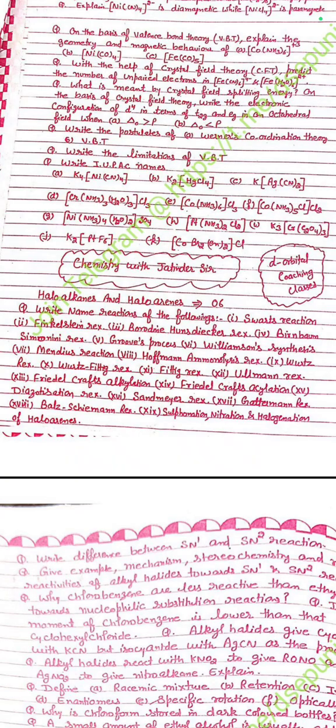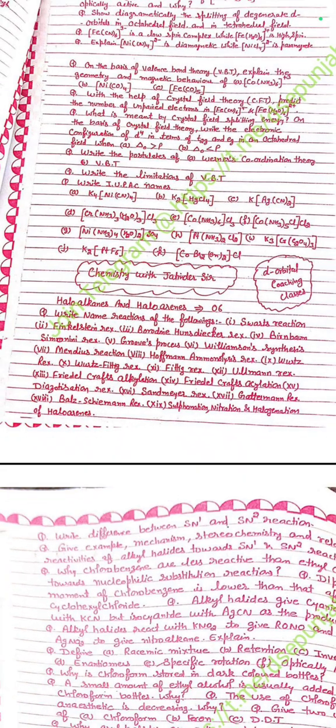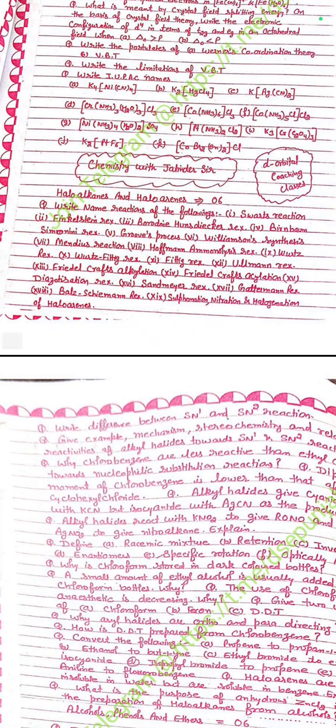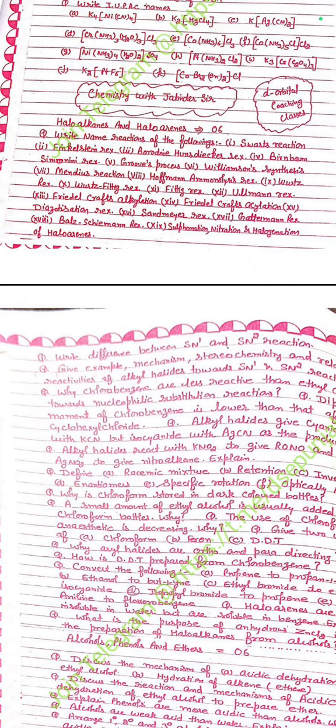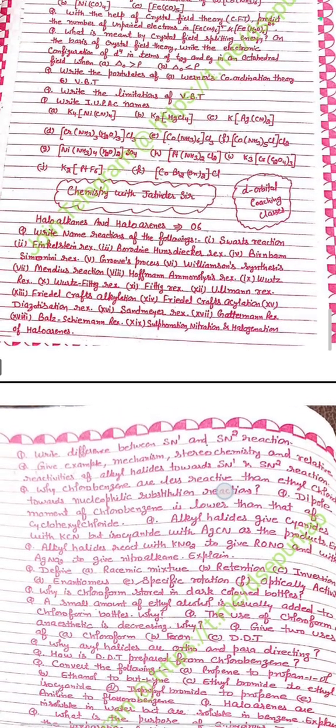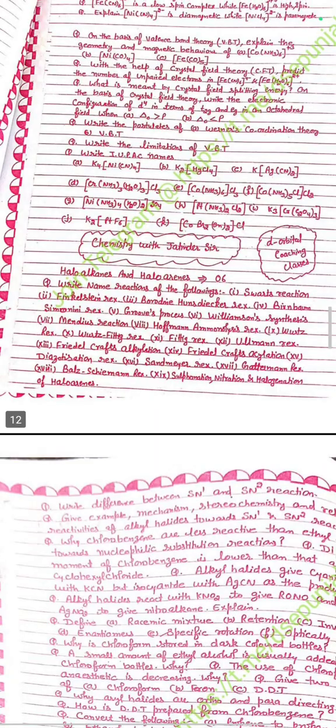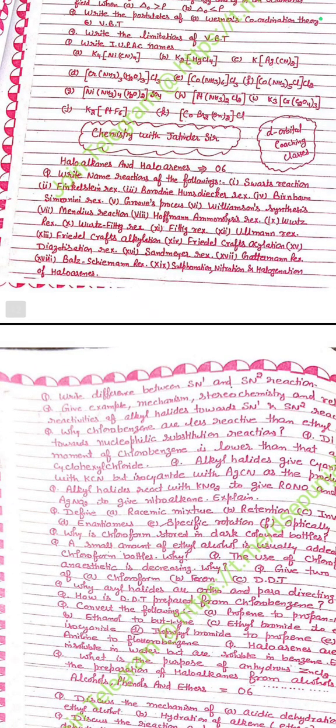So this chapter is mostly naming reactions, and another important question is SN1 and SN2 reaction. This is only for, I think, 1 mark for one word or MCQ, and 5 marks one question with internal choice.